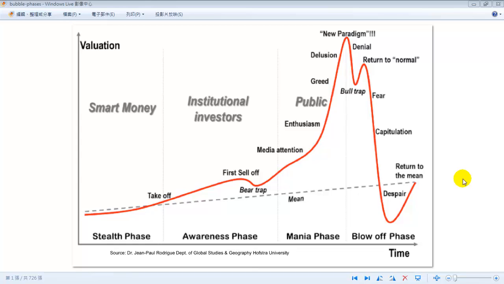And when you're talking about a market crash, what you're talking about is a bubble deflating or bursting. Now, this image we're looking at is a pretty good representation of what a market crash looks like. Because a market crash doesn't happen unless we are really, really overinflated like we see here.